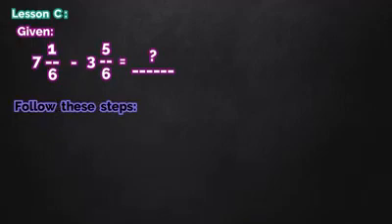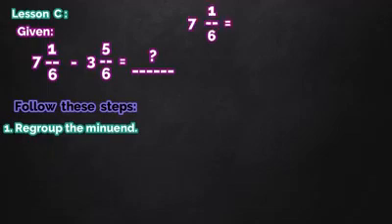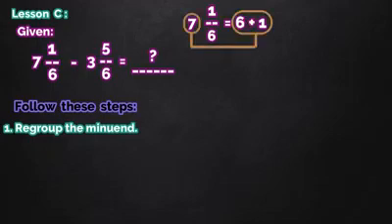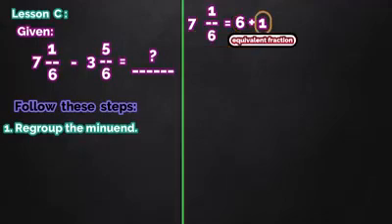Let us follow these steps. Number 1. Regroup the minuend 7 and 1/6 this way. Rename 7 to 6 plus 1, then make 1 as an equivalent fraction by taking the denominator 6 from 1/6.